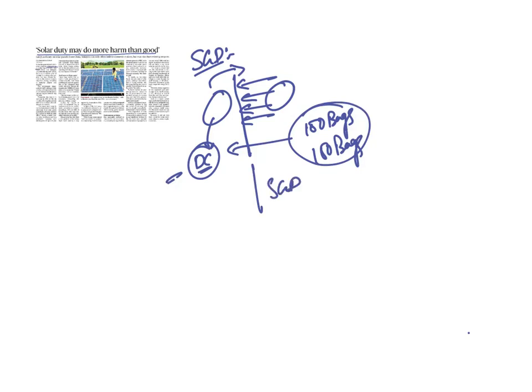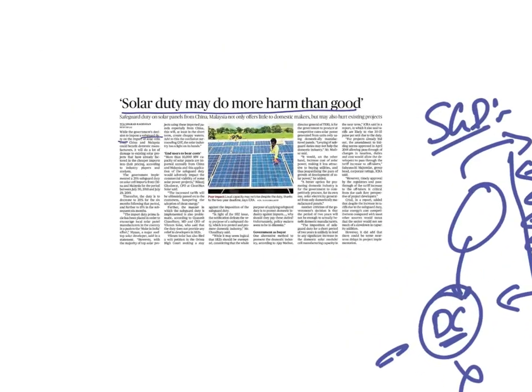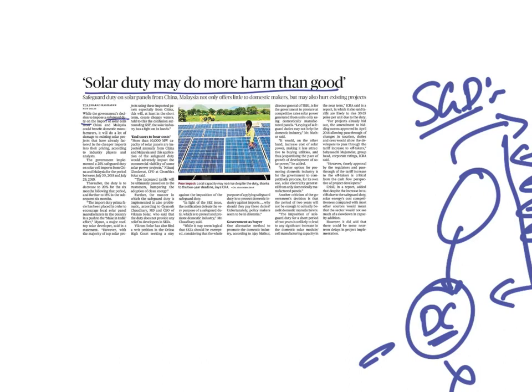This is to ensure that imports in excessive quantities do not harm the domestic industry. In this article, India has imposed a safeguard duty on solar panels from China and Malaysia. These two countries are exporting more quantities of solar panels into our country, so India has imposed a safeguard duty on that.